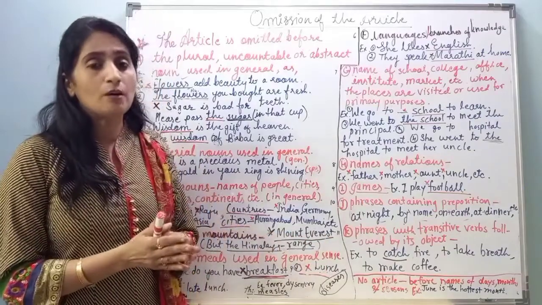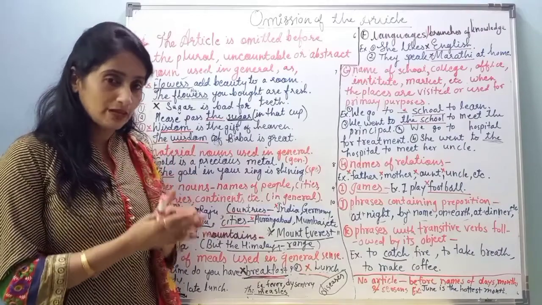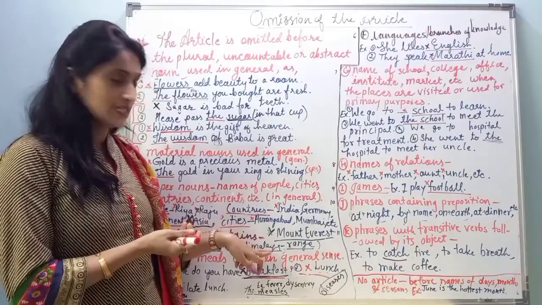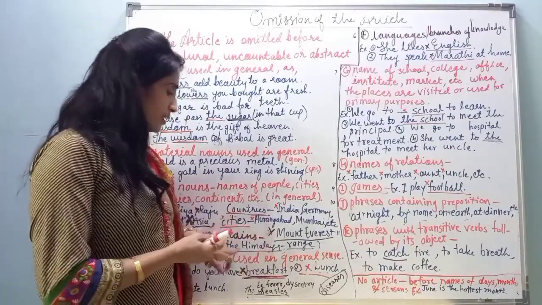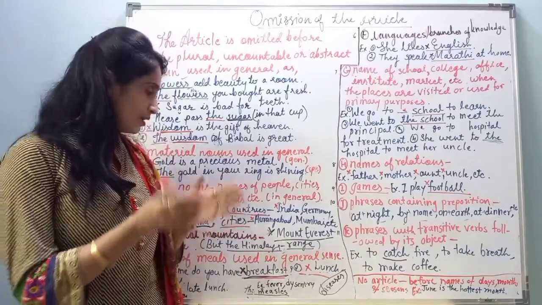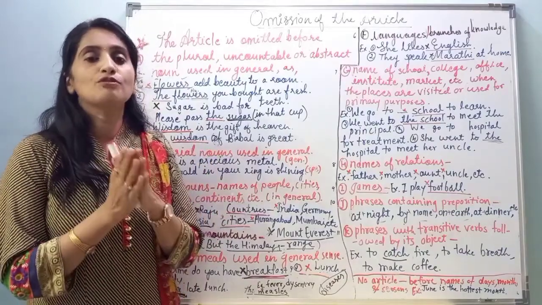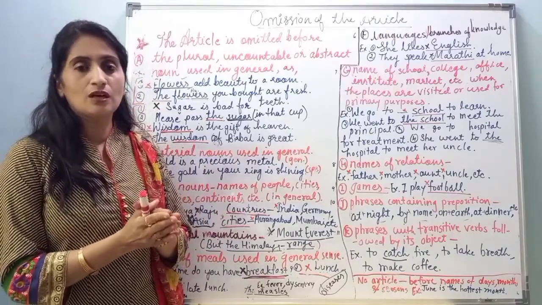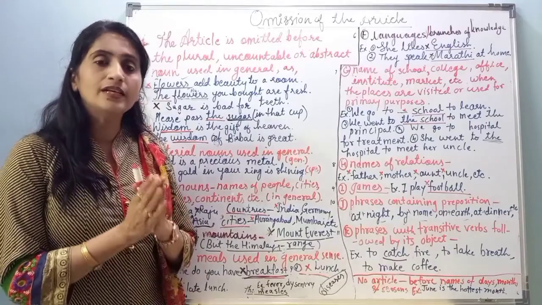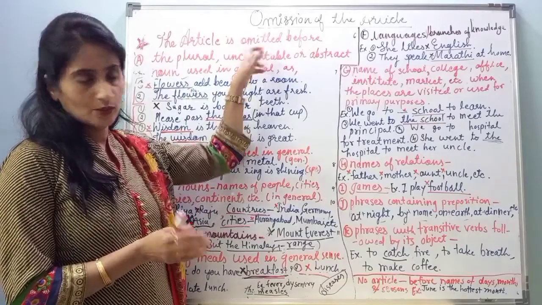But when we talk about mountain ranges, that time we can make use of the article the. For example, the Himalayas. Okay, in this way, you can understand here that while talking about individual mountains, the article is omitted. There is no article.